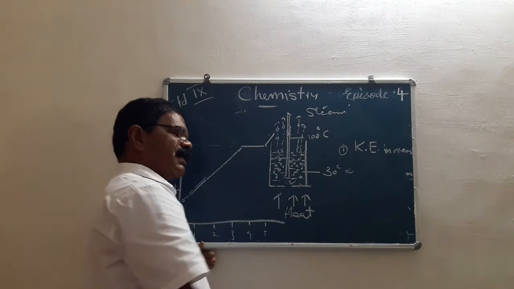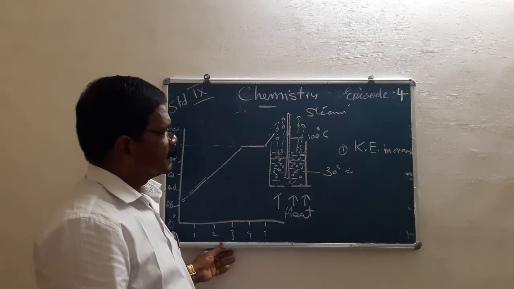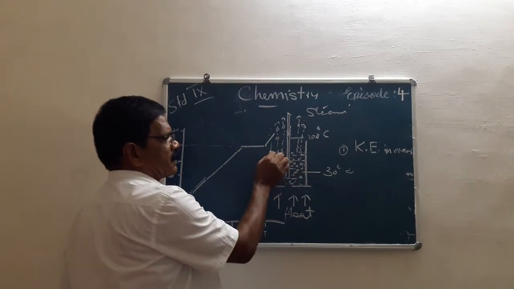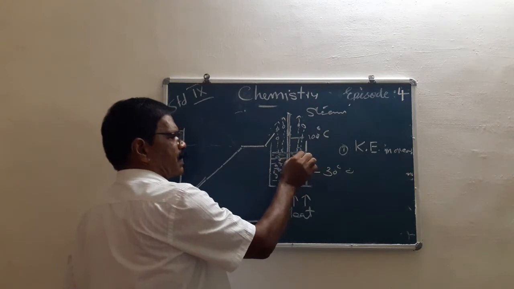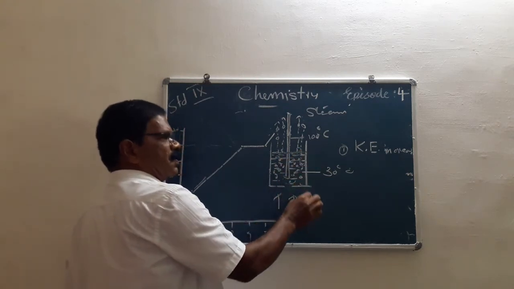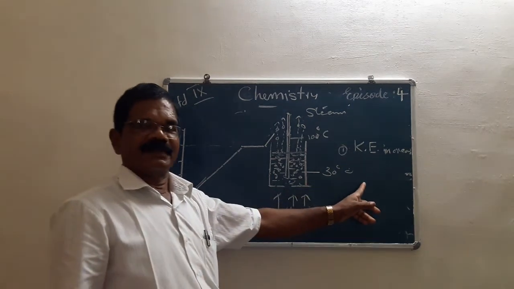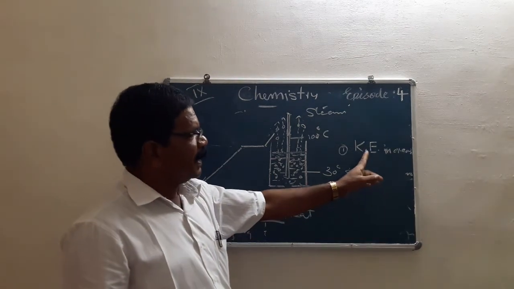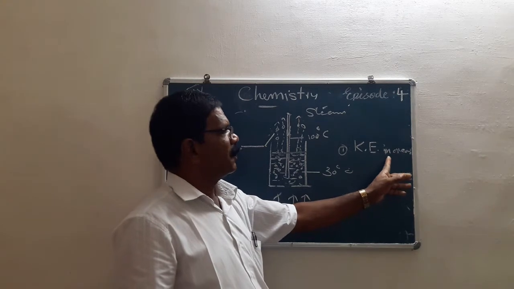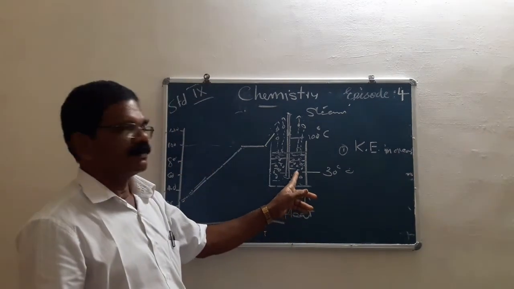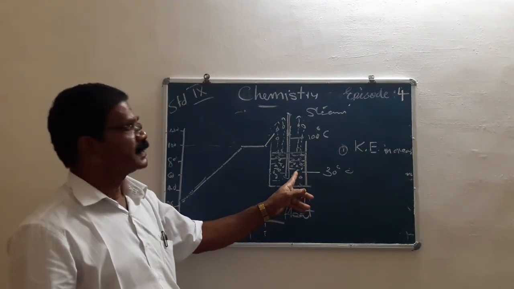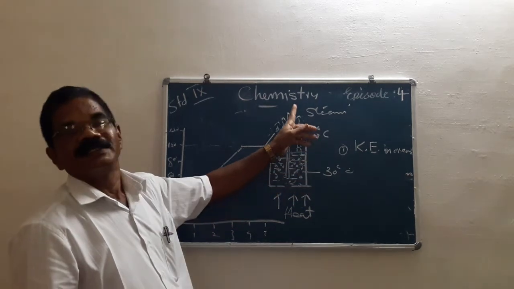When we continue heating, what happens? In the liquid state also, there is a force of attraction between the molecules. When the kinetic energy of the particles increases, they overcome the force of attraction between the molecules. It escapes from the surface.